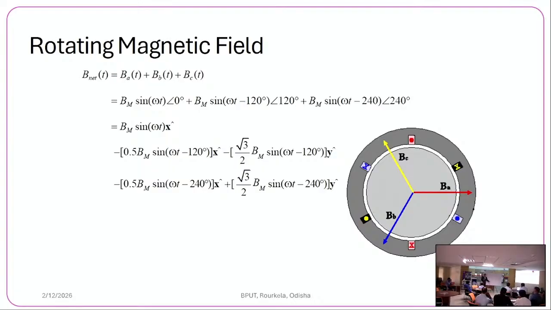Okay. So if you draw the resultant MMF at this particular moment, what will it be? You see, there is a vertical component. This vertical component of both the MMFs will cancel. These two will cancel.